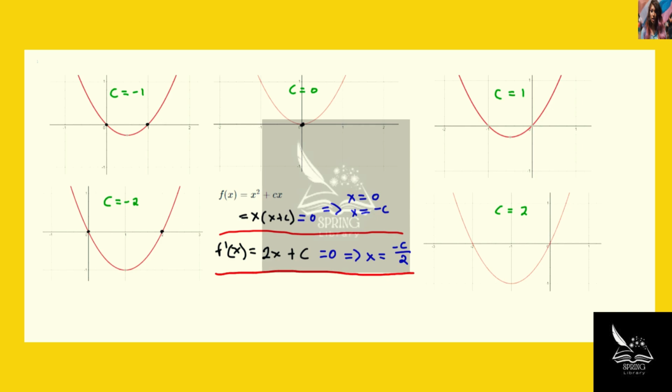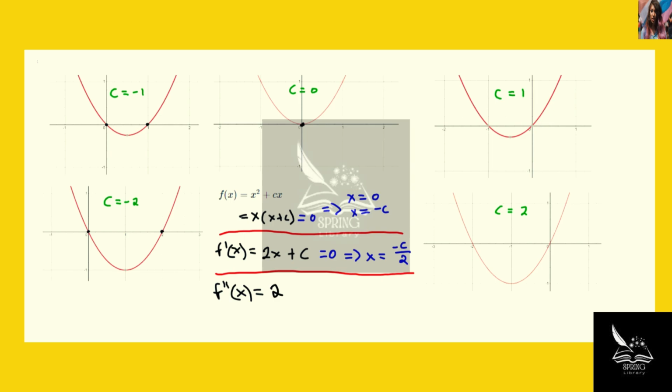And now for our last part, let's go ahead and look at the second derivative and see if we can find any points of inflection. So f''(x) is going to be just 2, because the derivative of 2x, well, derivative of x is 1, so we're just left with the 2, and the derivative of c, since it's a constant, will be 0.